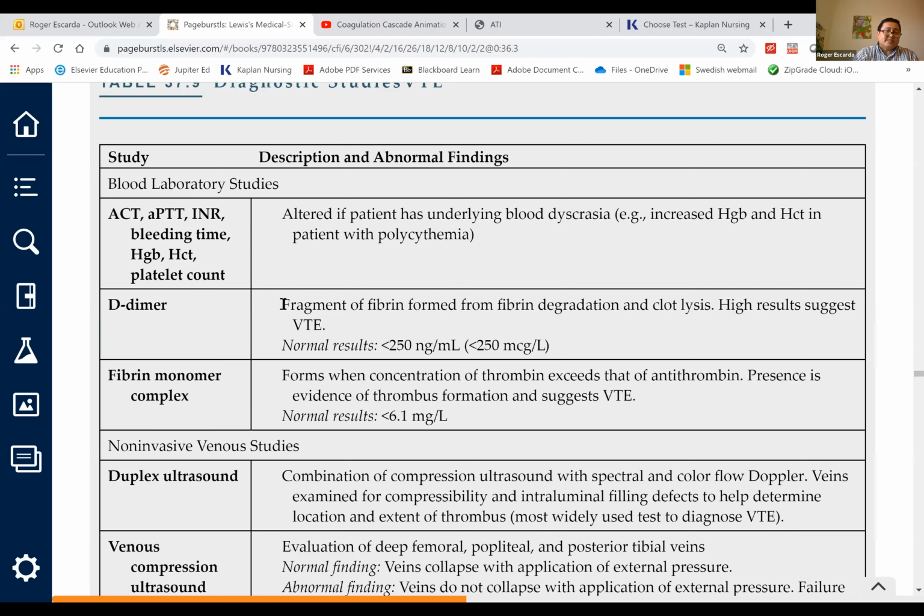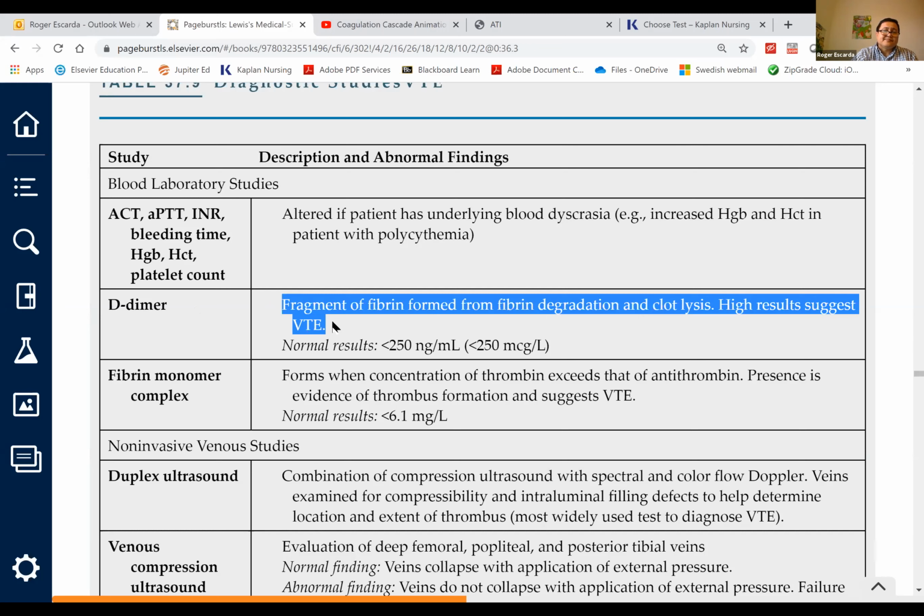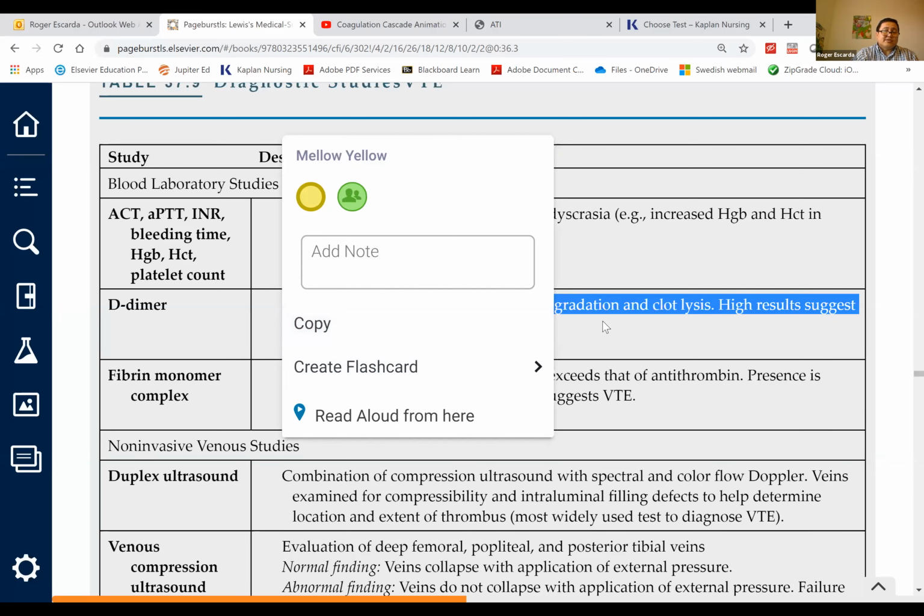Thank you for reading. What is this, Kevin? It says, fragment of fibrin formed from fibrin degradation and clot lysis. High results suggest VTE. So after a clot is formed, when the body starts to dissolve it, the byproduct of fibrin is D-dimer. This is what's left. So after you break up fibrin, which is the clot, what's left of it is a D-dimer.